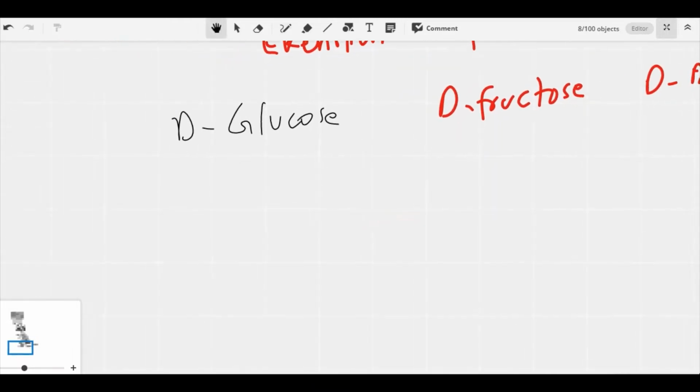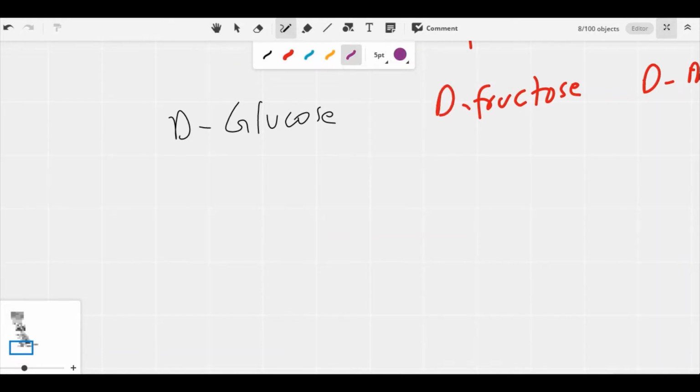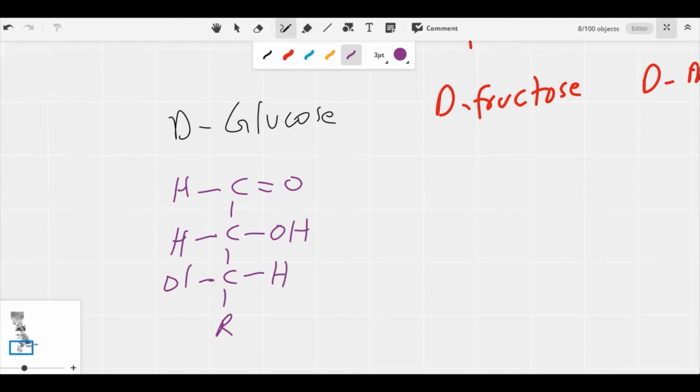Okay, now in the first structure, you can see the aldehyde group. So that is the first structure for glucose.